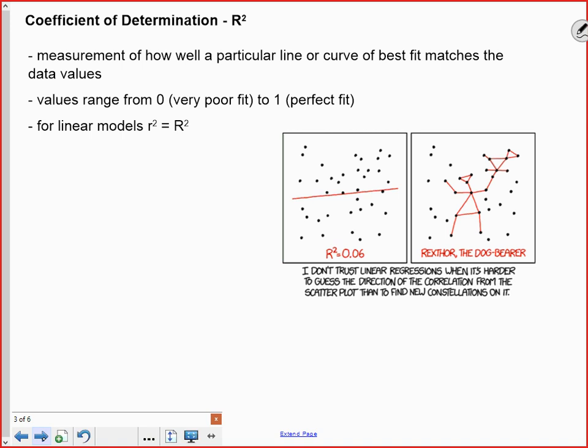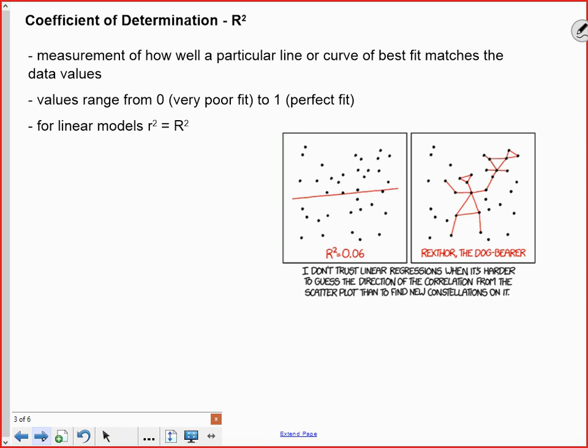And if we want to compare this to what we did yesterday, for linear models, that linear correlation coefficient that we looked at yesterday, that R, if we take that R value and we square it, we get the value of R squared, our coefficient of determination. So R squared is the value that most spreadsheet programs will spit out when you fit a particular model to your data.